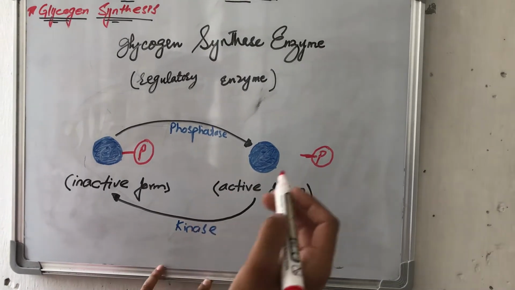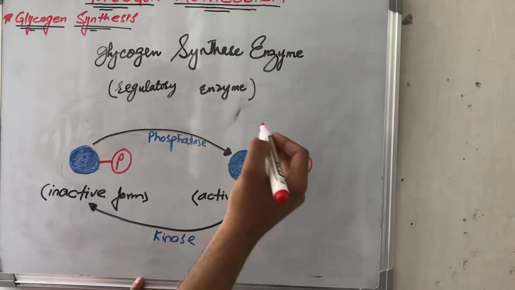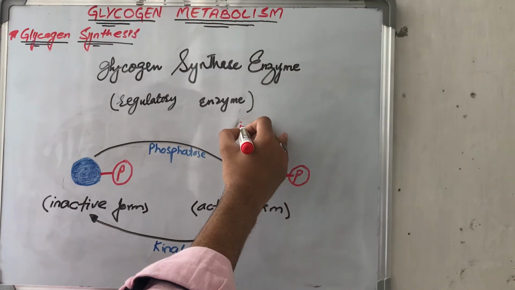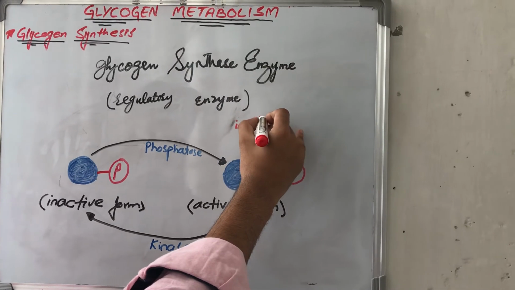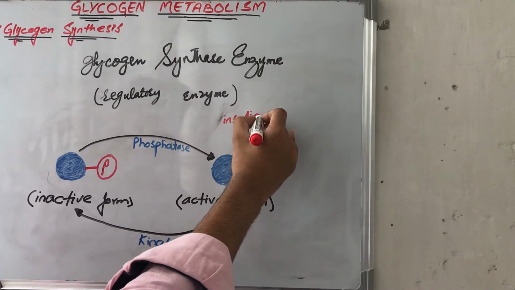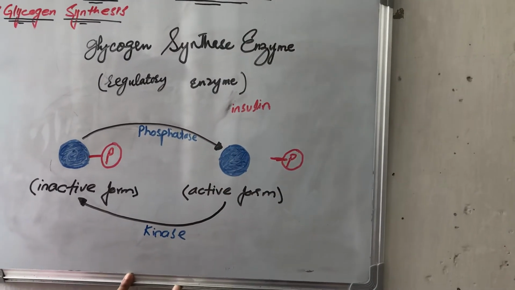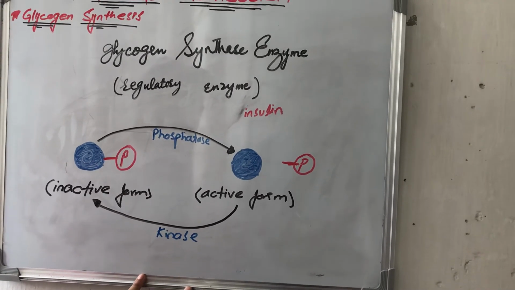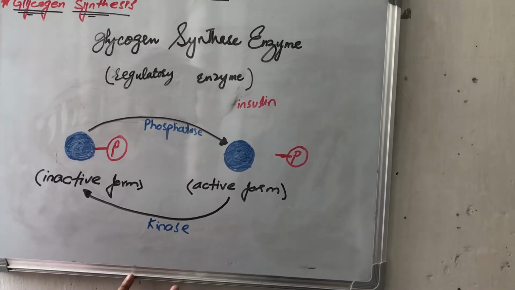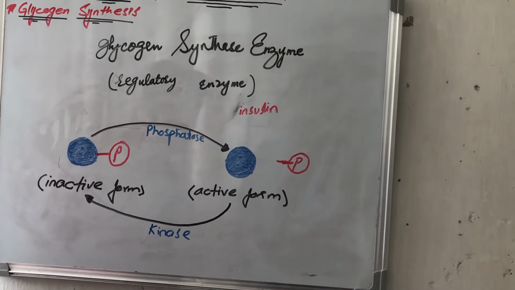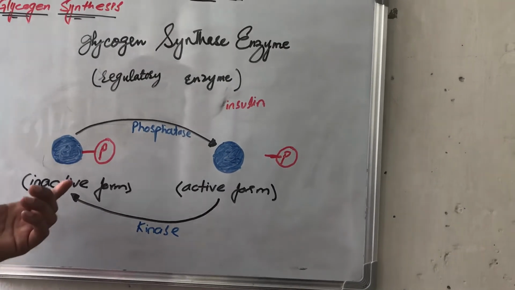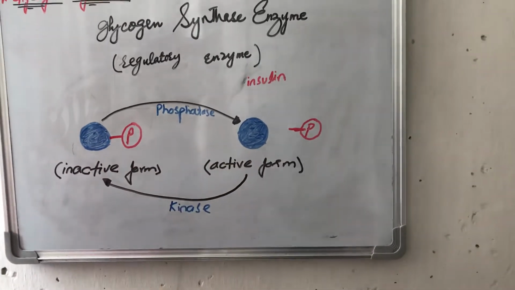For example, insulin helps in decreasing the blood glucose level. Insulin decreases the blood glucose level by activation of the glycogen synthase enzyme.